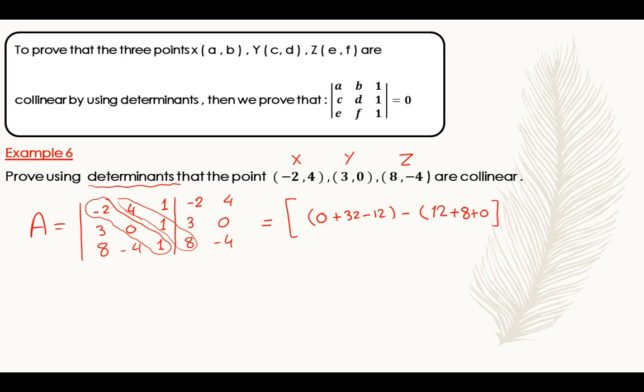Here we have 32 minus 12, it will be equal to 20, minus 12 plus 8, it will be equal to 20. 20 minus 20 equals 0. Since the value of the determinant A equals 0, we can say that x, y and z are collinear.